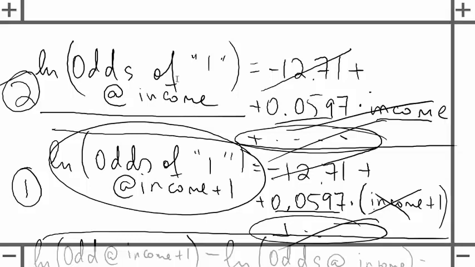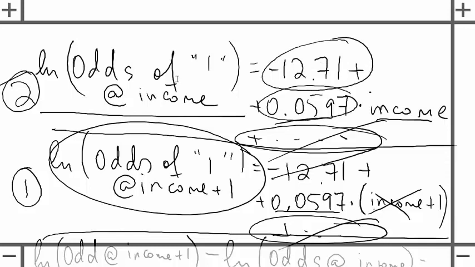This was my intercept, that was the slope times the income, and then I had plus dot dot dot. That means everything else, all the other variables, including do they have CD account, do they have securities account, do they do online banking, etc.